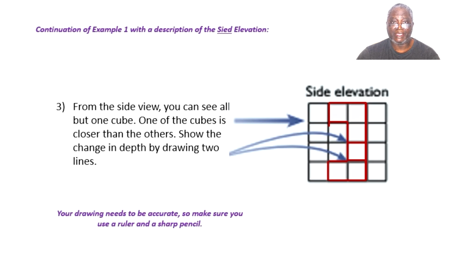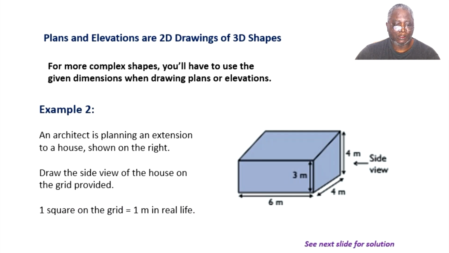And as I said, make sure you have a square ruled book, because that way it's very easy to scale. For more complex shapes, you'll have to use the given dimensions when drawing plans or elevation.